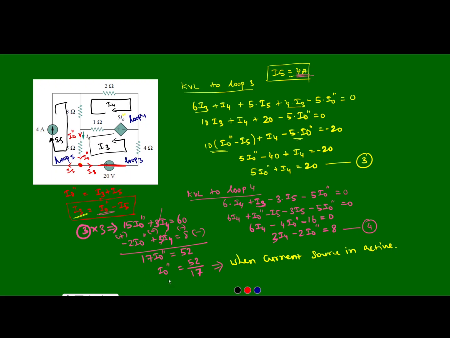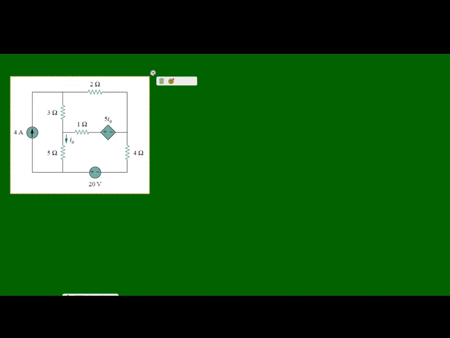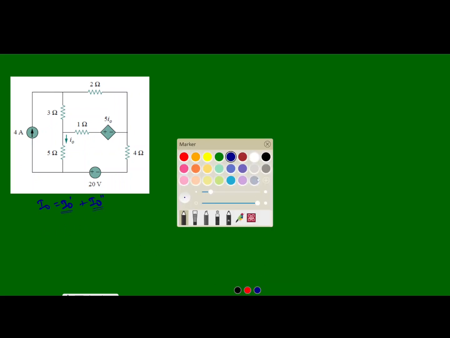Now we need to do the algebraic sum. Now in this circuit we need to apply the values, as we have already told, I0 is equal to I0 dash plus I0 double dash, and we have found both the values.